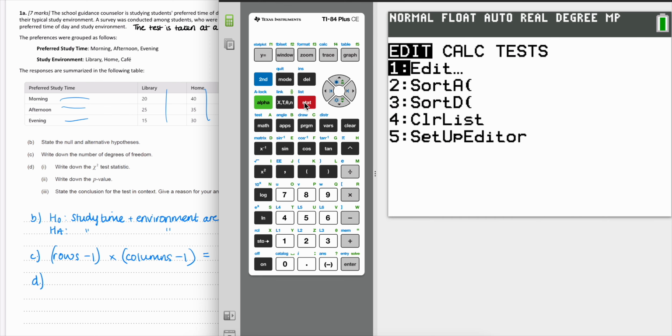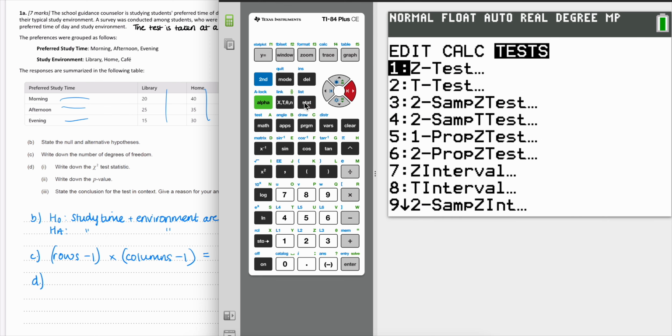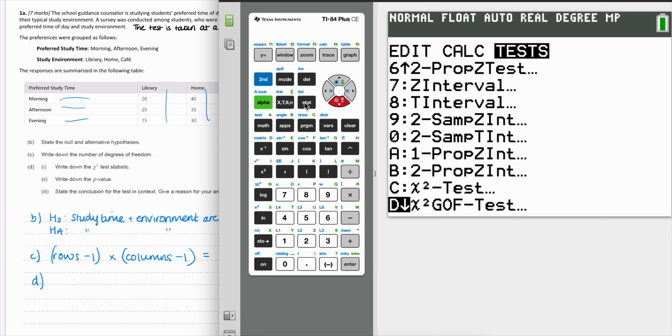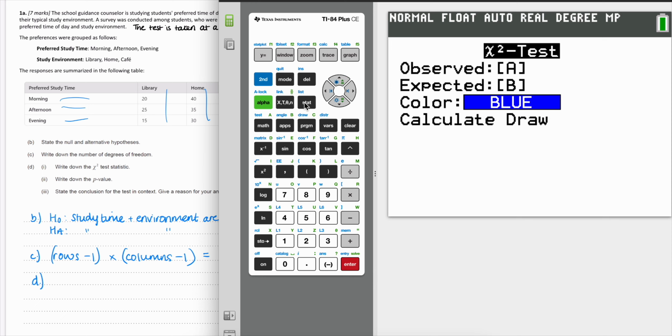Then we can go to statistics. We come across to tests, and we want to do the chi-squared test for independence, which is this one here, so option C. The observed values are what we've just typed into matrix A. They're going to put the expected values for us into B. We don't need to find them.